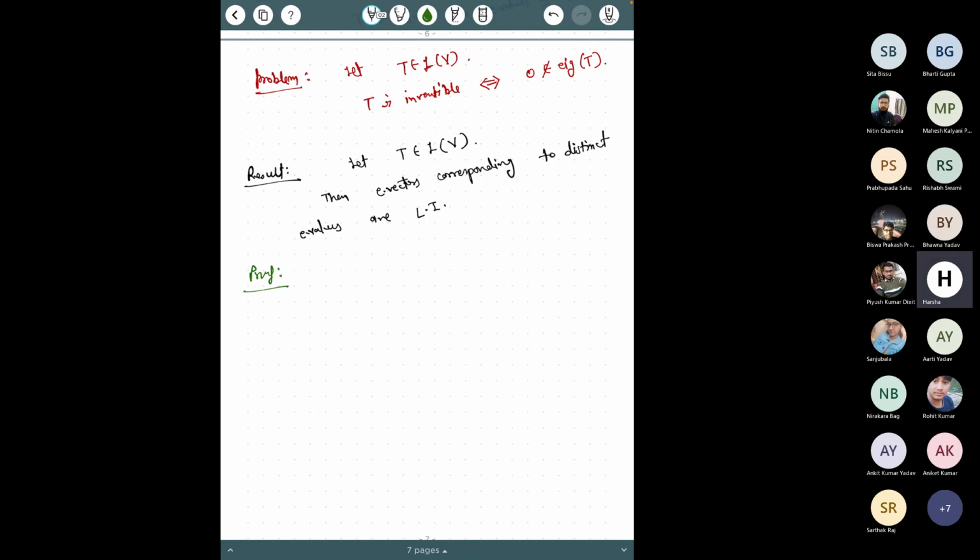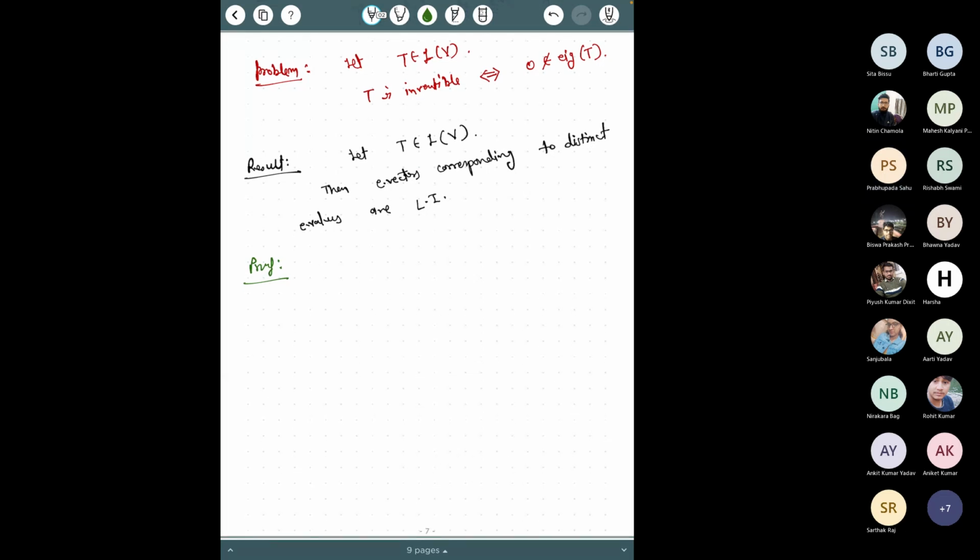Take two different eigenvalues. So lambda1, lambda2, ..., lambda k are distinct eigenvalues, where k is less than or equal to n. Corresponding to that, v1, v2, ..., vk are eigenvectors.